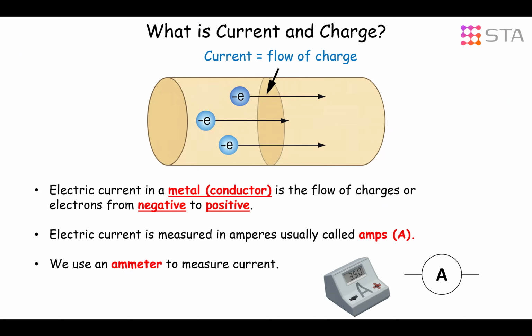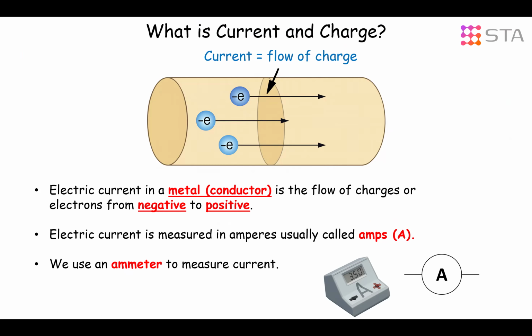Now, let's pretend for a moment that these electrons were actually pupils or students in a school corridor. A teacher is standing at a certain point and is recording how many pupils pass that point each second.